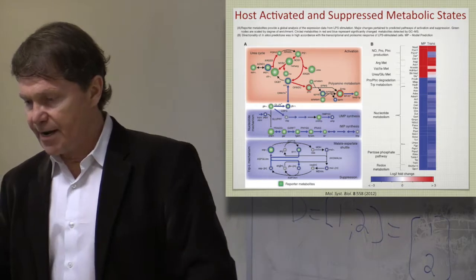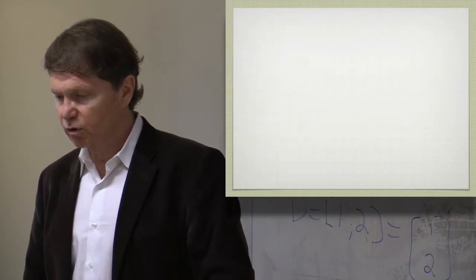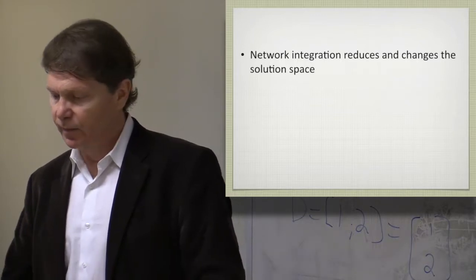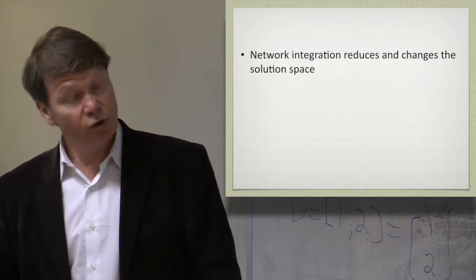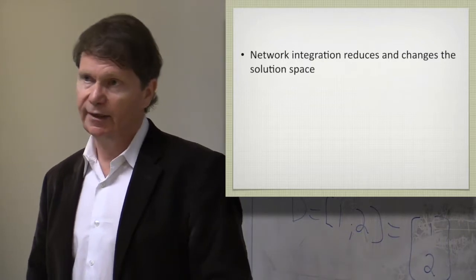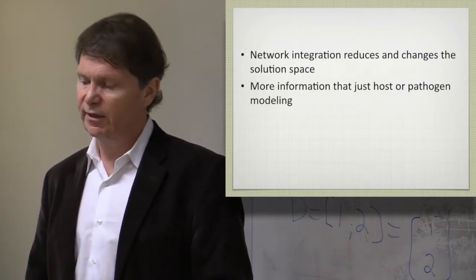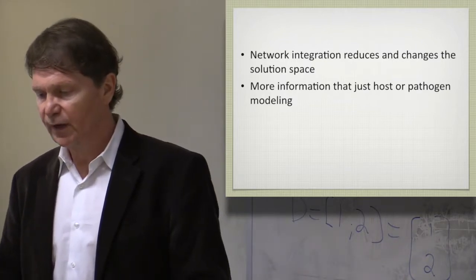All right. So some points here. We can change the shape of a solution space based on data, and if you sample the solution space, we can re-estimate the most likely state of the fluxes.